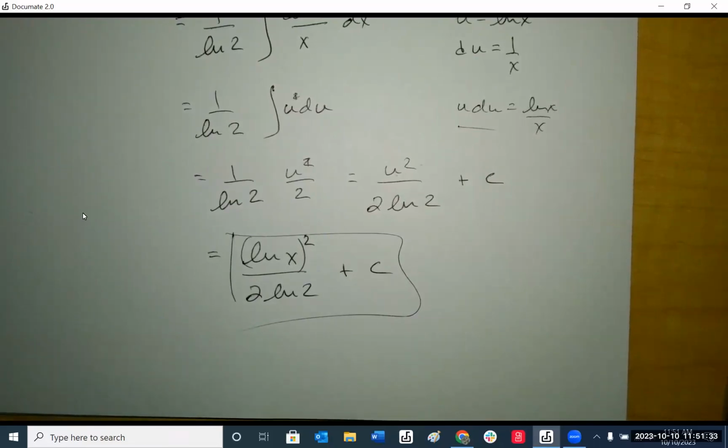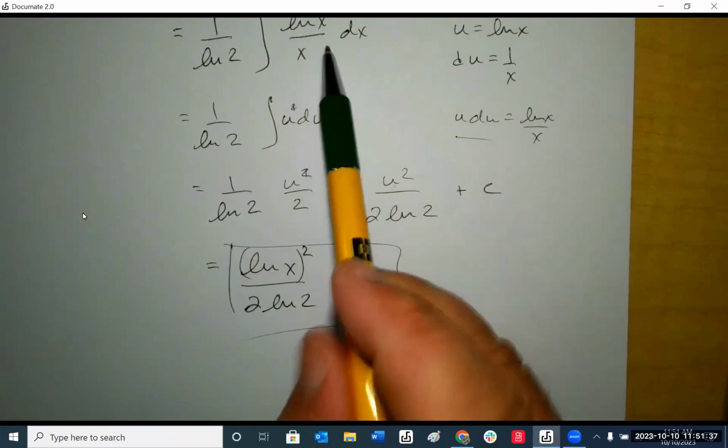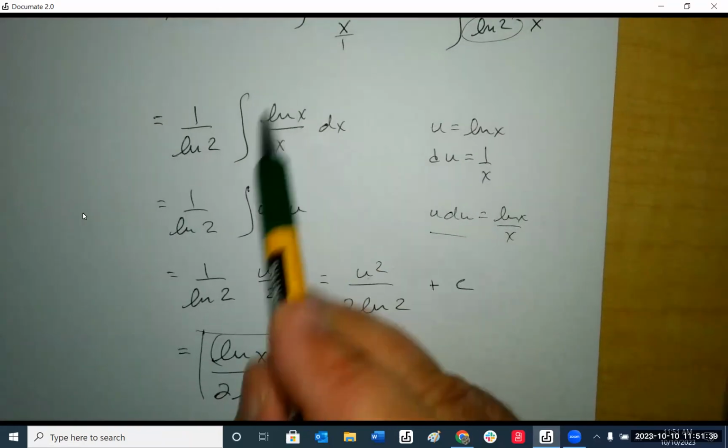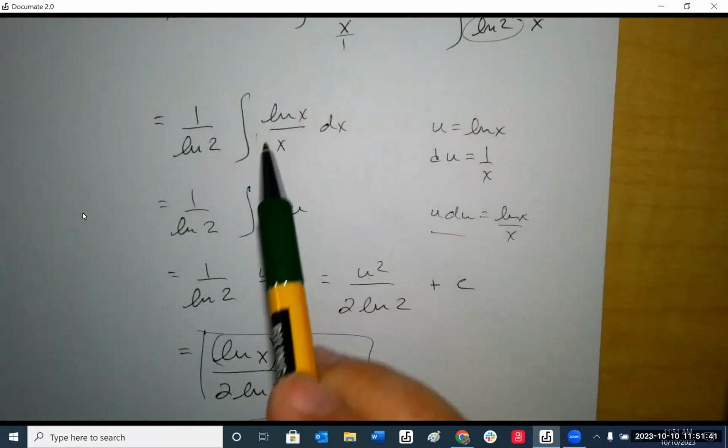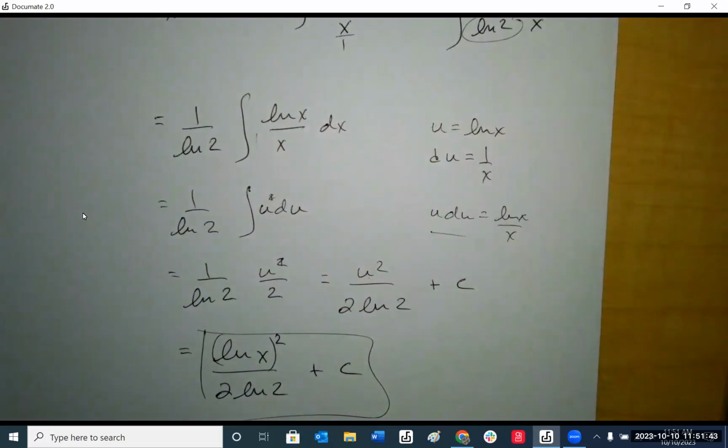I'm not going to lie. The hardest part is noticing what your u is, because this should always be a function of u du or 1 over u du. That's the hardest part. You have to keep on looking for it till you find that value.